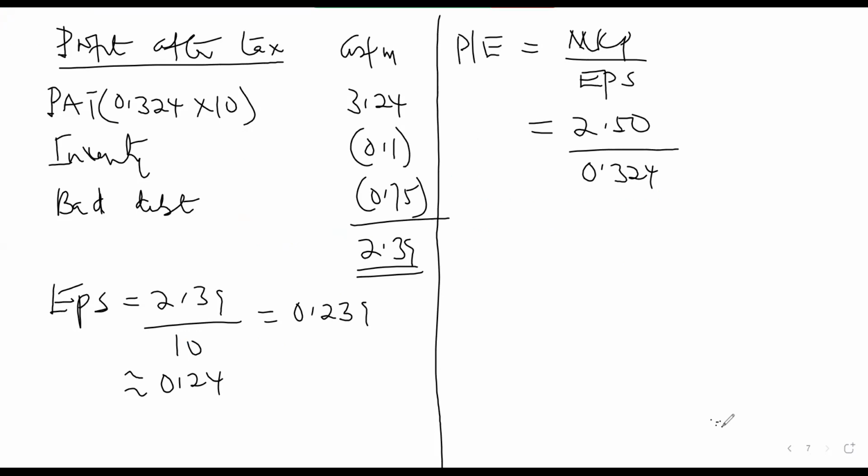The 2.5 is in cedis, but the earnings are in pesos, so you change to cedis. You can only compare cedis with cedis, not pesos and cedis; they are two different things. Divided by 0.324, I'm having 7.7. Is that correct?